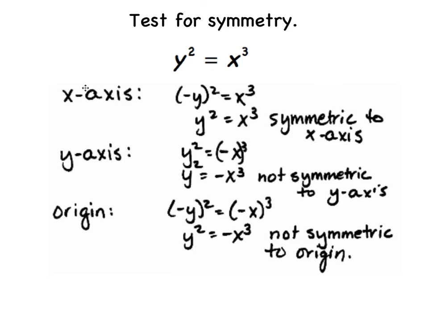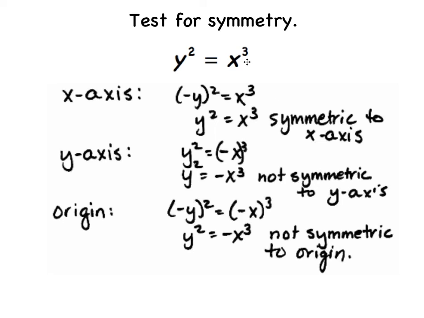So, how do you test for symmetry? When I'm testing to see if it's symmetric over the x-axis, I put negative y in for y, and then I simplify. If I put negative y in for y and I square it, I get just y squared equals x cubed.